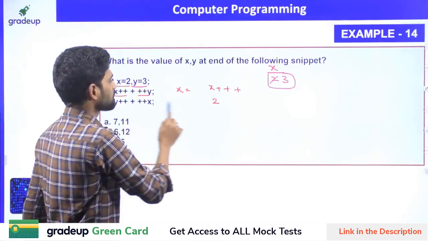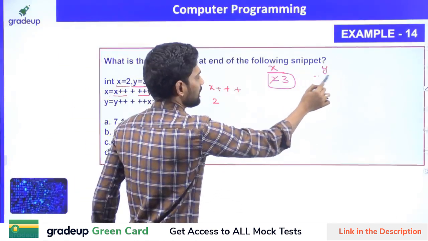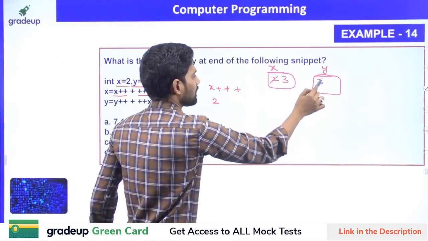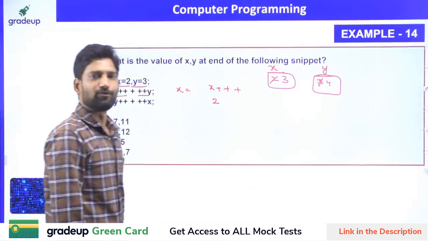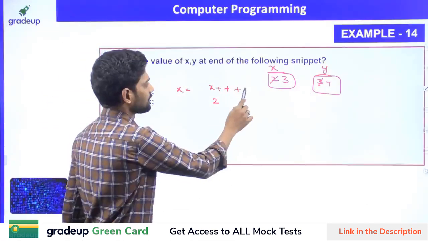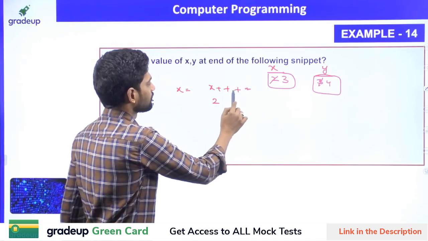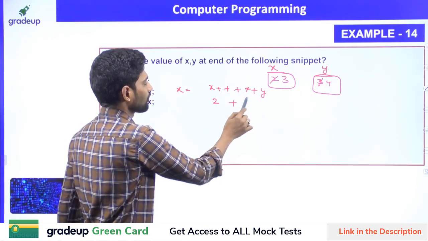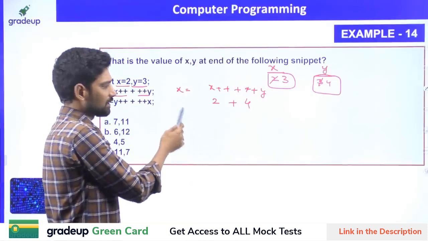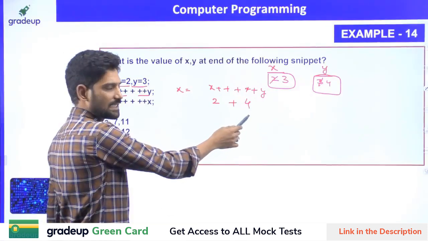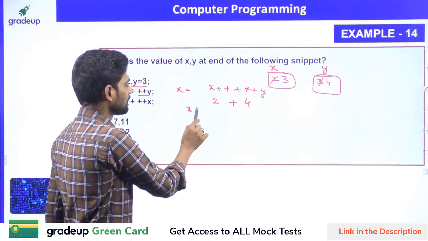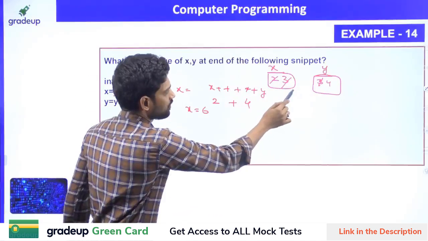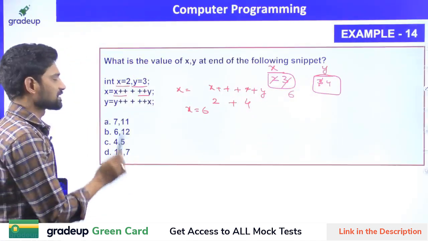Plus y. Initially y value is 3, now it increments that to 4, that is returned. So what becomes answer? 6, that is stored back in x. So x got 6. That is first line.